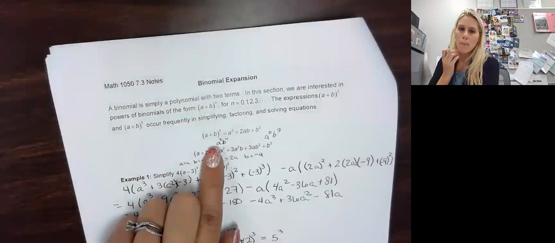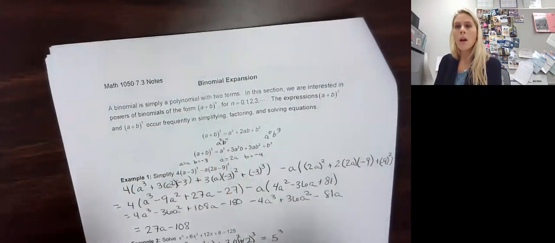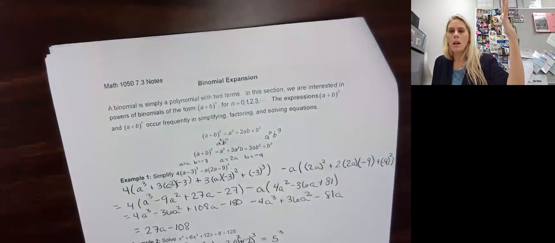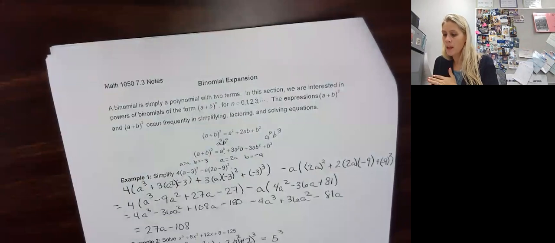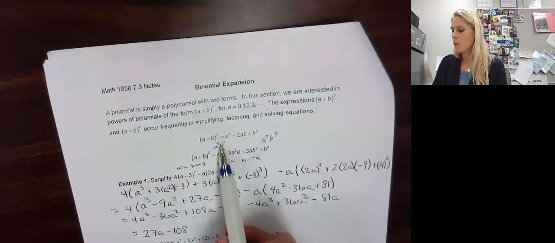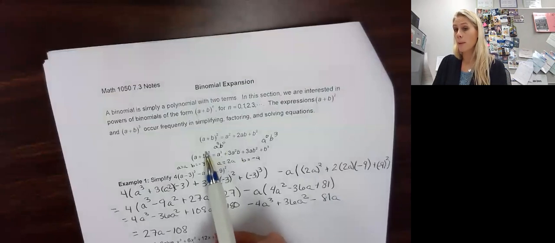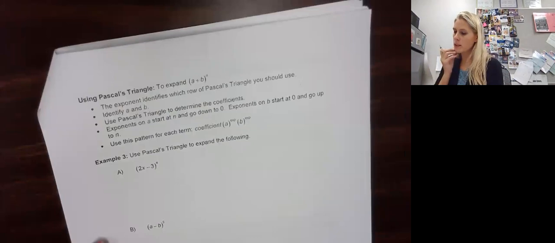And if we look at the b exponent here, we get 0, 1, 2, 3. So start high with the a, low with the b, and move by 1. The other thing I want you to notice is that the exponents added together will always be the exponent of our binomial.